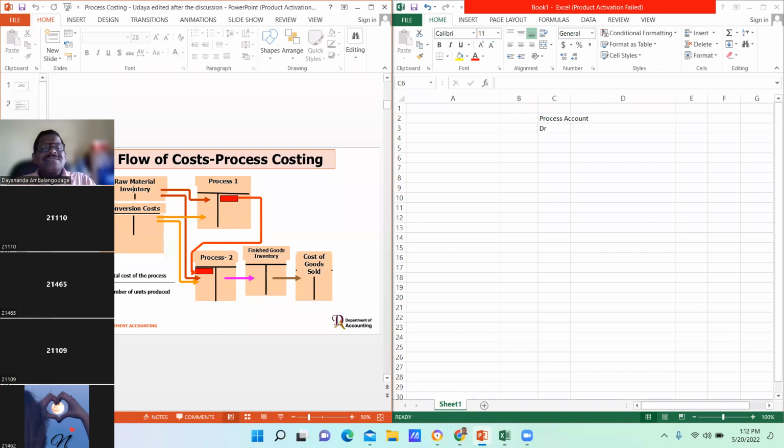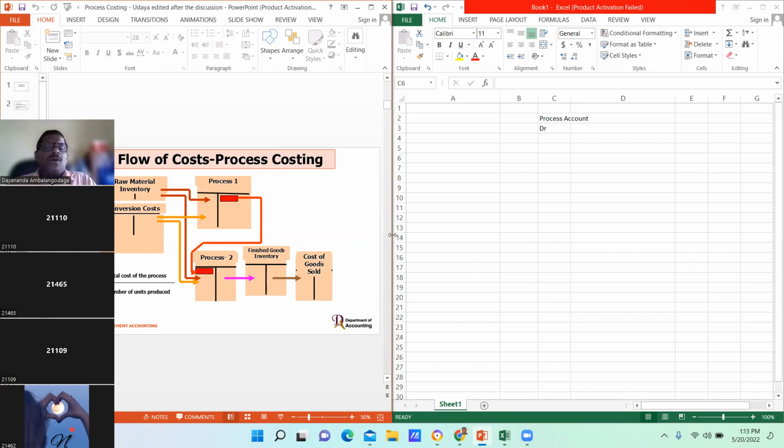That output plus some other raw material is inserted, and you get the finished goods, and finished goods will be charged to the cost of goods sold account when the inventory becomes a sale. When it becomes sales, that cost would be charged as cost of sales.